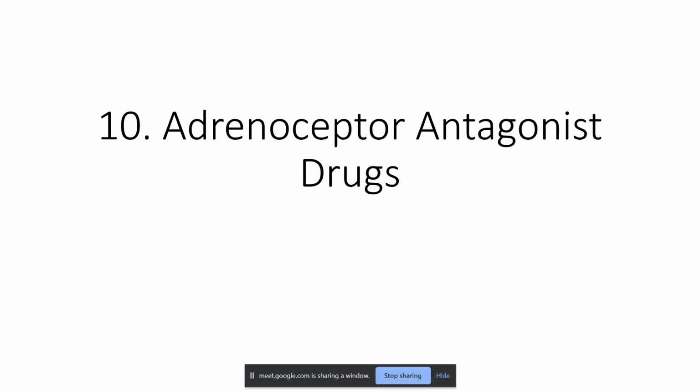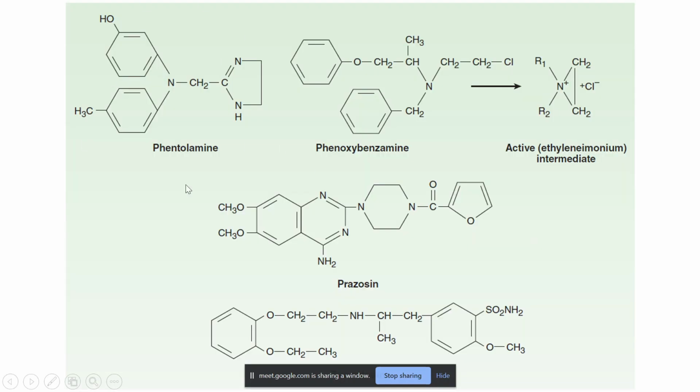Phentolamine and prazosin are examples of reversible antagonists.